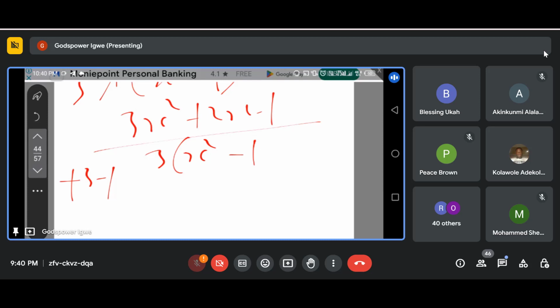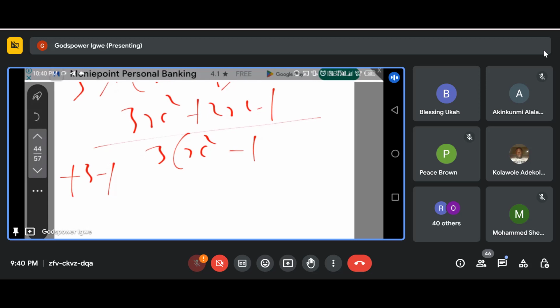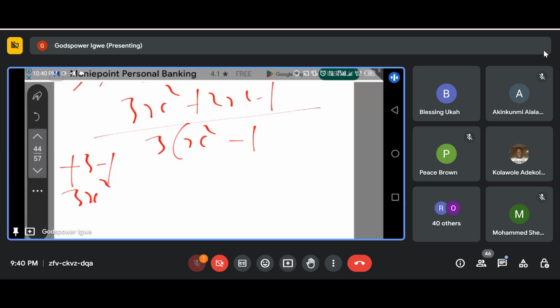If you multiply them, they give you negative 3, and if you add them together, they'll give you positive 2. So we take 3x squared plus 2x minus 1 in this format.